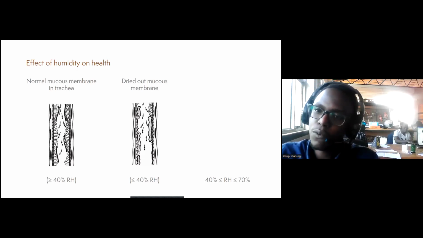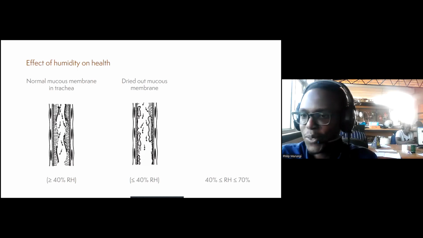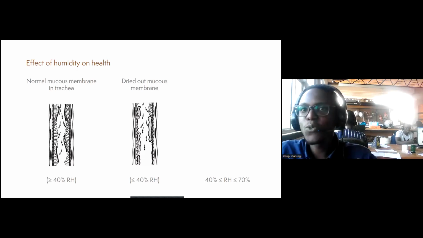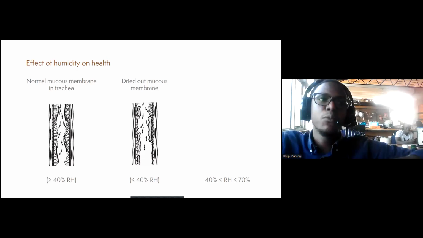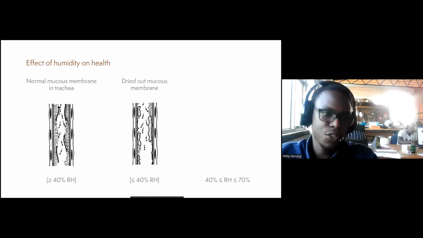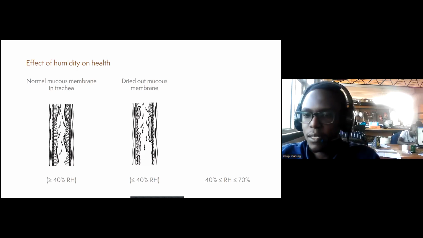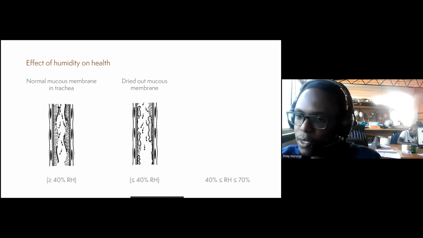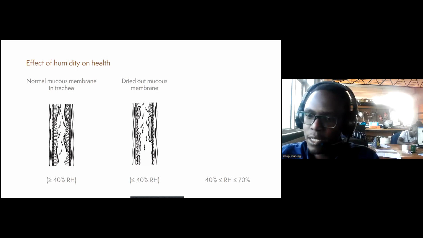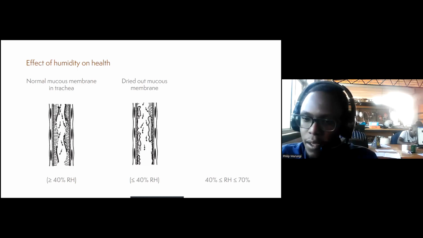It has a wave-like motion, which is the mucous membrane of what is called epithelial tissue. I hope I'm not boring you with the science. This tissue has a wave-like motion where it returns foreign bodies, dust that get trapped in the trachea. If the humidity drops below 40%, this tissue in the trachea dries out and it disturbs the movement. So the system basically fails to work, and now foreign bodies are able to reach your lungs.